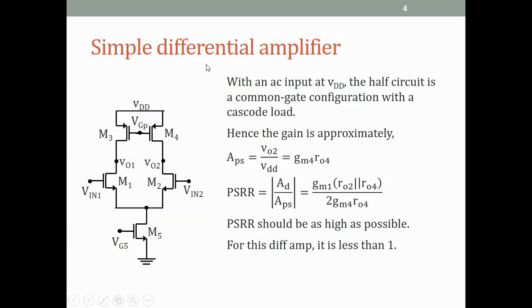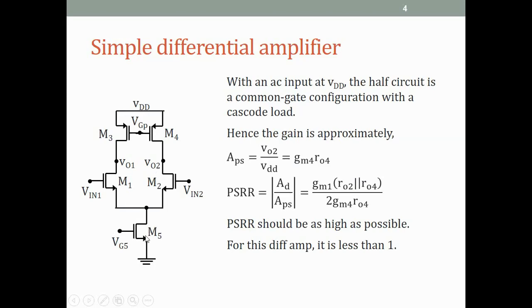We'll start with that simple differential amplifier with a current source load, and let's find VO2 over VDD, where there is an AC present at VDD. To do that, as we said, we look at only half circuit. So let us look at only M4, M2 and half of M5.